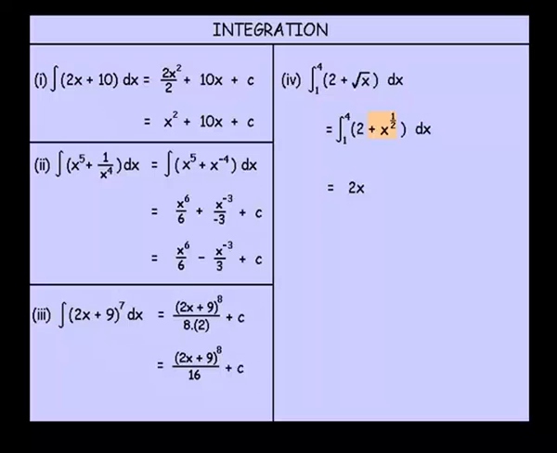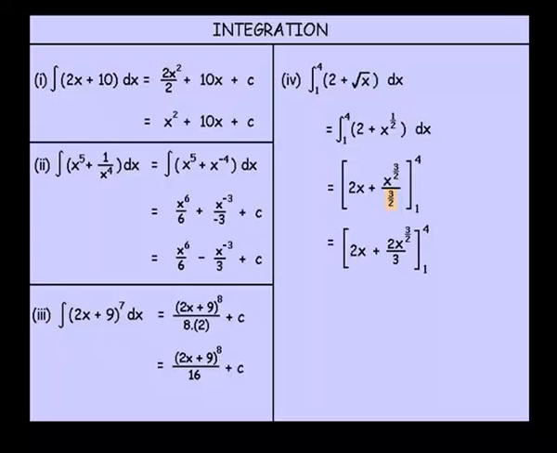Now x to the half, well, we need to add 1 to the half, and that would make it 1.5. Now 1.5 can be written as 3 halves, so we write plus x to the power of 3 halves over 3 halves. And because this time we're dealing with limits, we're going to use the big box brackets and we'll write 4 and 1.